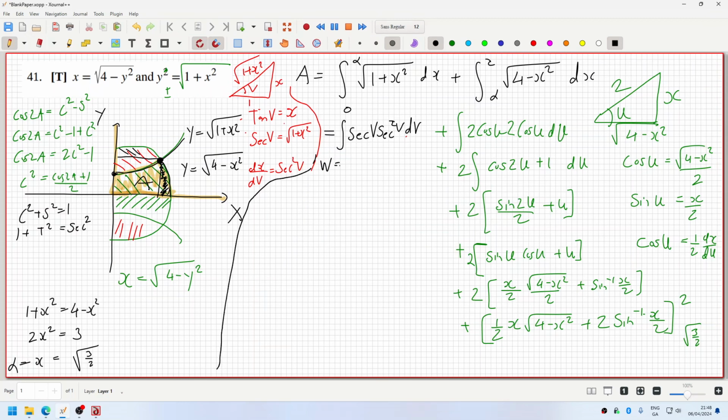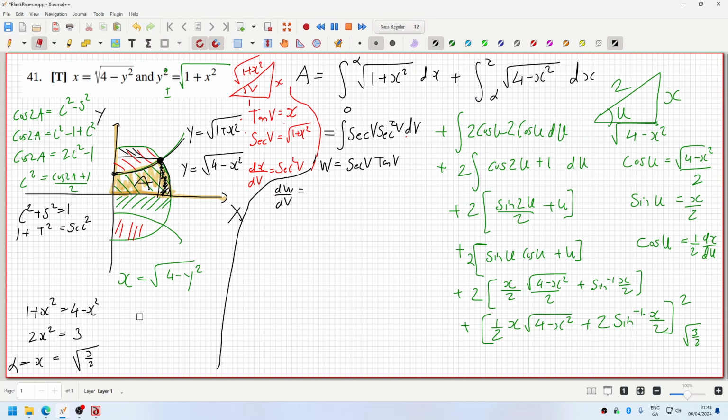W equals sec v tan v. So dw dv would be the derivative of sec times tan. I forgot what's the derivative of sec.